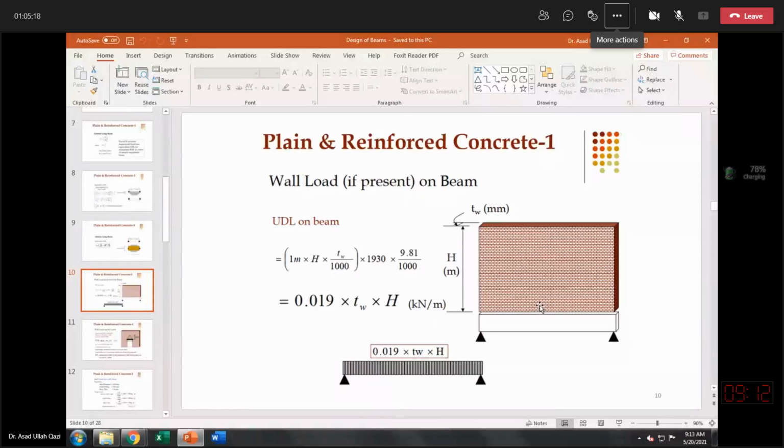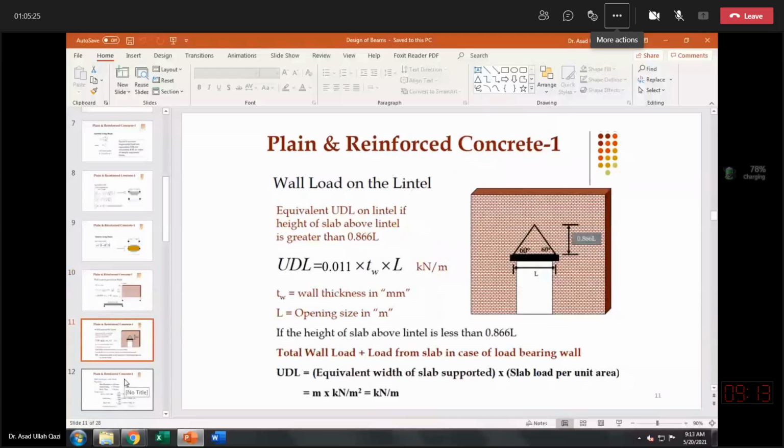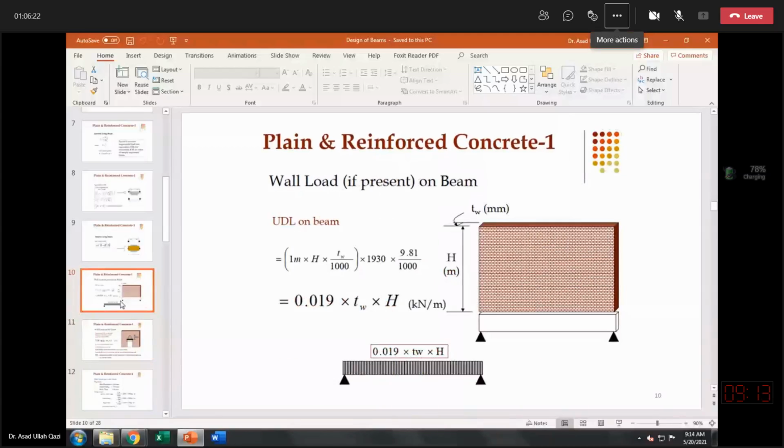So in the next few minutes I will resume the lecture from slide number 12 onward. It's simple that for a masonry wall we will again use the density and the thickness of the wall and the height of the wall to determine the load per unit length on the beam.